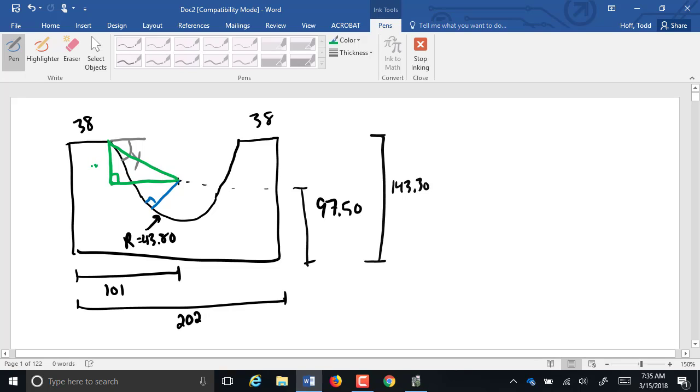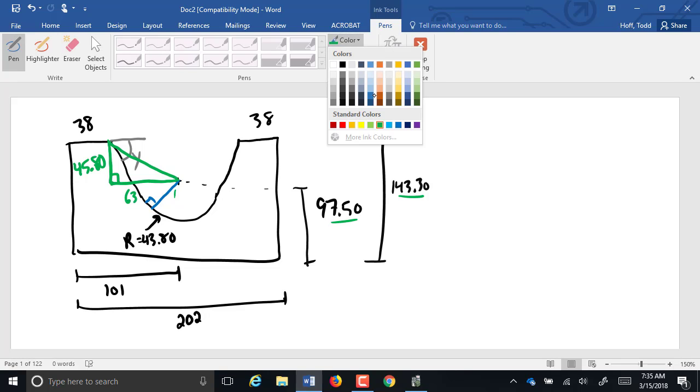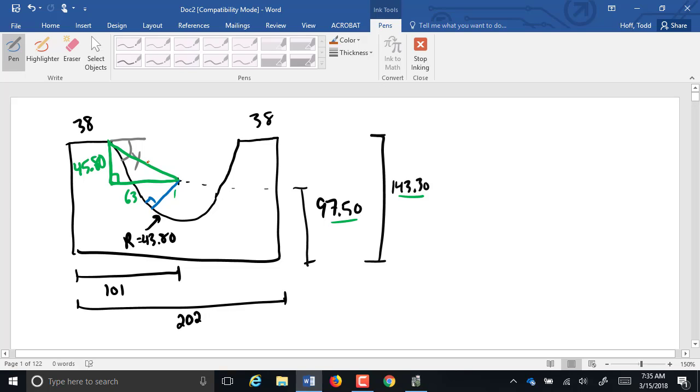Here, I know this side is the difference between those two dimensions, right? So what does that come out to be? 45.80, perfect. And then this dimension across here is the difference between the 101 and the 38, which is what, 63? So I can find this distance.